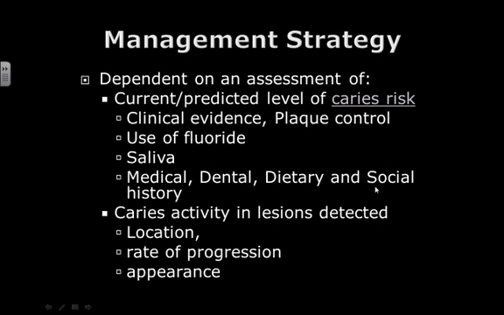And their social history. What sort of eating regularity are they having? When are their meals scheduled? Are they eating between meals? All these things are important, and in your treatment planning course, you'll be going through collecting data to help you in making a decision about patients' caries risk.